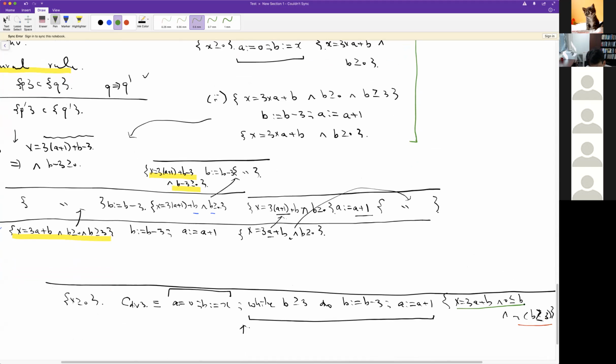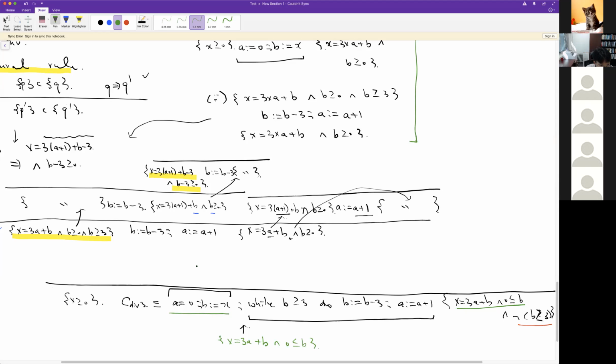So we may say that the loop invariant is of this form, 3A plus B, and that intermediate assertion is true after the first command. Then we are done. We also show that this is indeed a loop invariant.